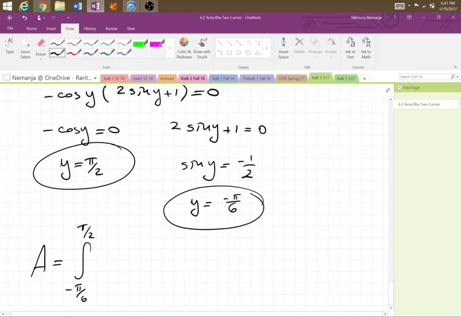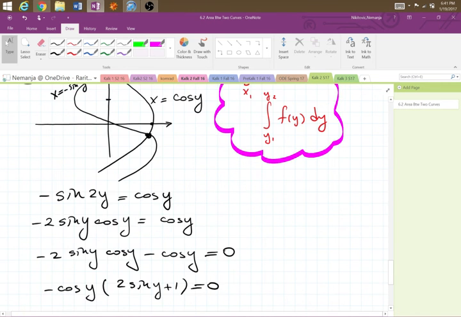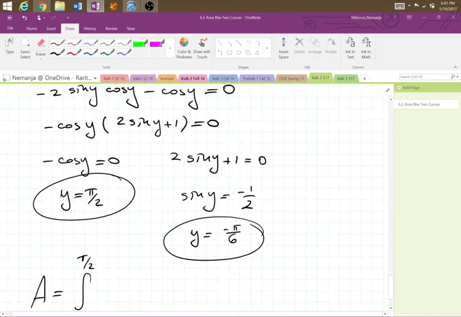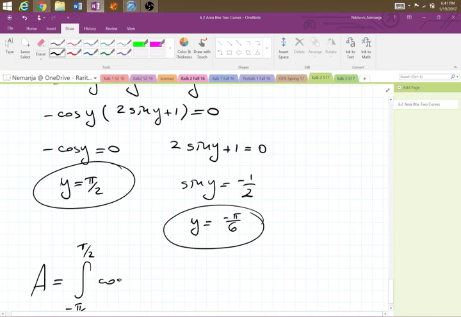Right minus left. So what do I have? Cosine y minus negative sine 2y dy.